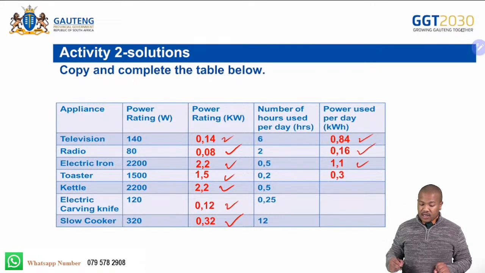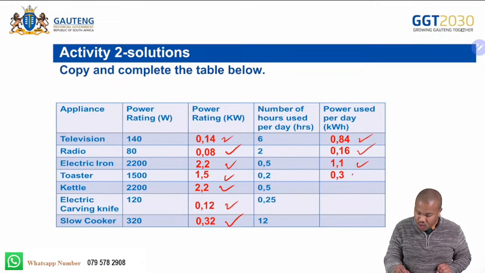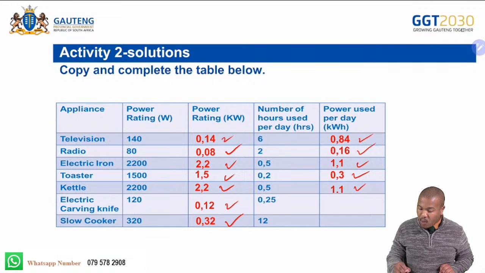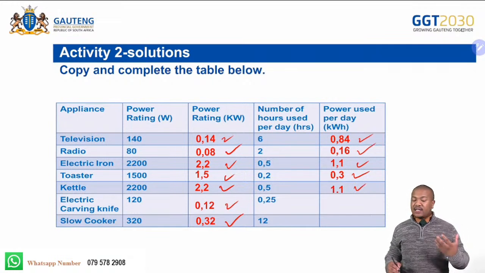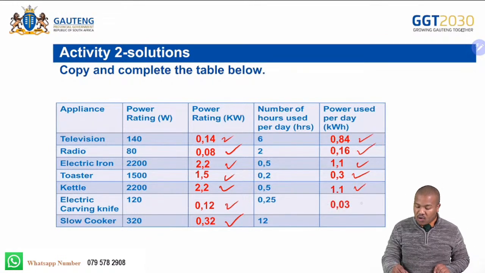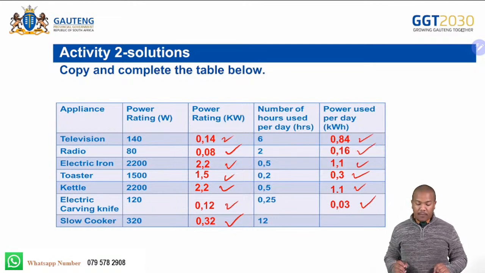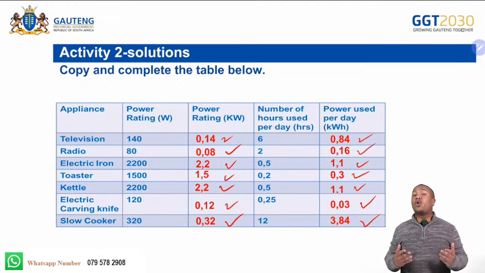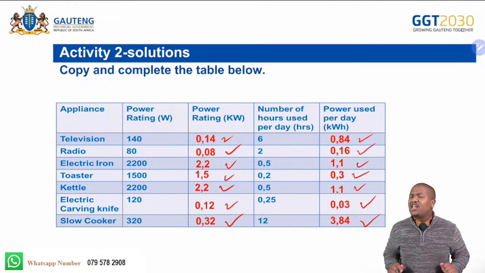Toaster is 0.3 kilowatt hour. And for kettle, it is 1.1 kilowatt hour. Then electric carving knife is 0.03 kilowatt hour. Then slow cooker is 3.84 kilowatt hour. Now quickly, let's take a minute to copy down the corrections.